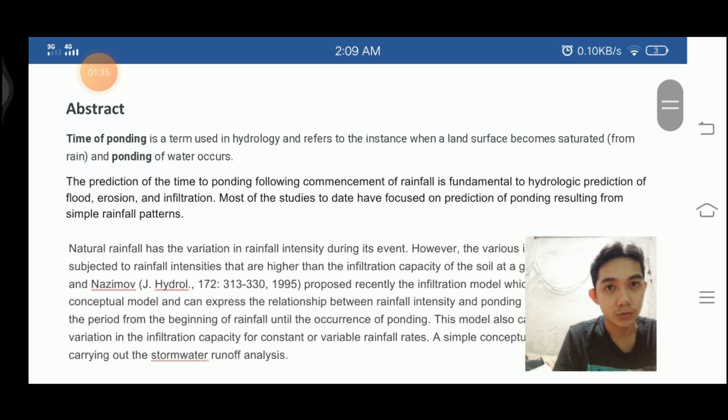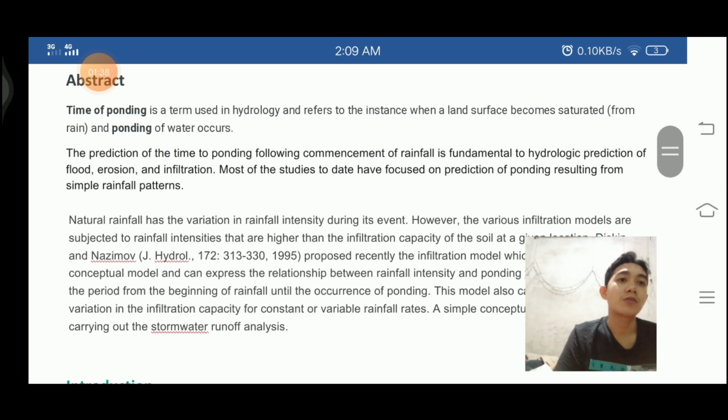About ponding, we are all familiar with what happens when rainfall occurs. We can notice that some parts of soil surfaces or land areas are ponded by water. It happens due to infiltration, the ability of the soil to hold water.